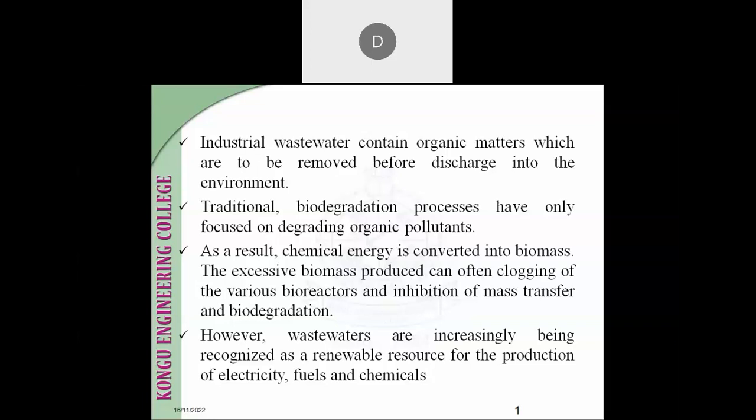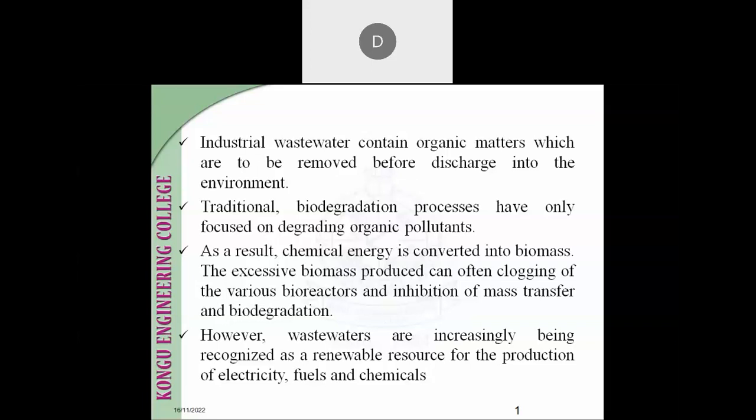Once the solid sludge is dried, we have converted the liquid effluent into solid particles.